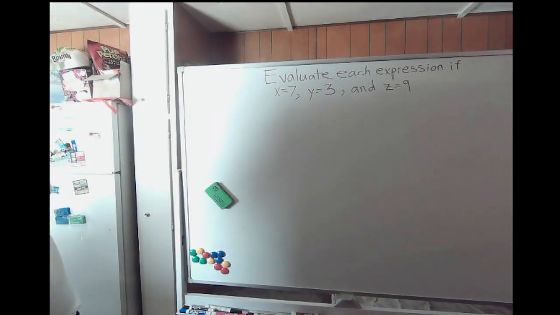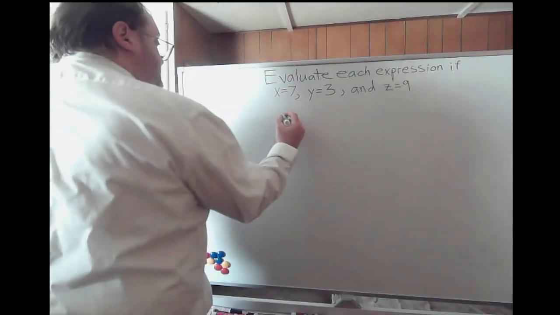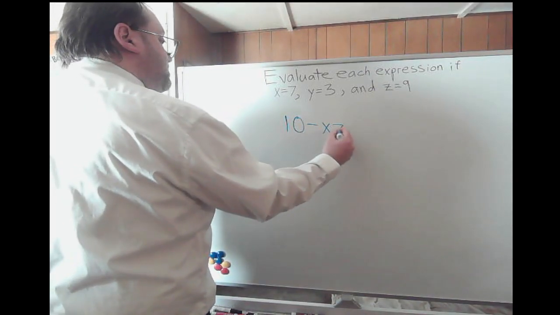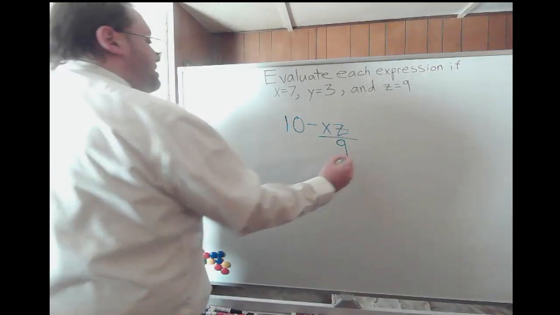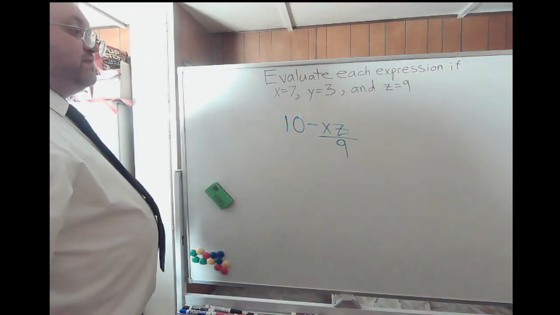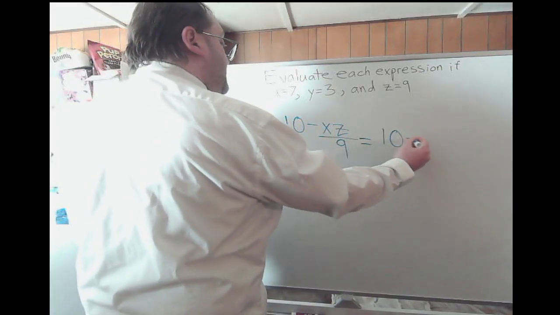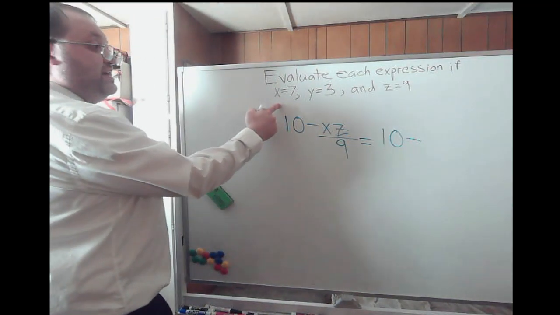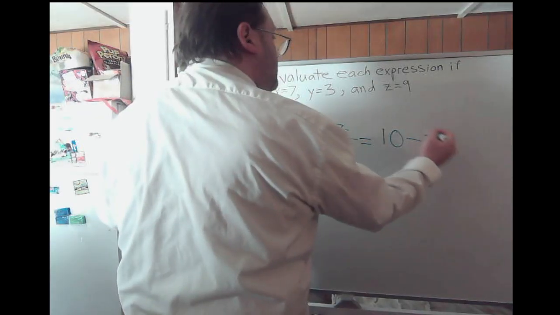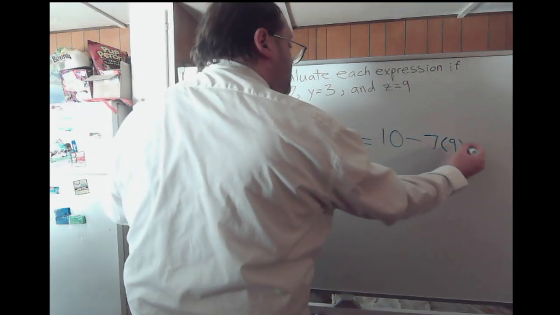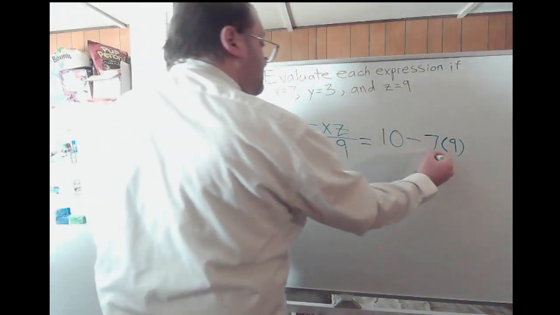What do we got here? Alright, how about 10 minus xz over 9. Well, that's going to be equal to 10 minus, well, x equals 7, this tells us. So you'll have minus 7 times z, which is 9, all over 9.